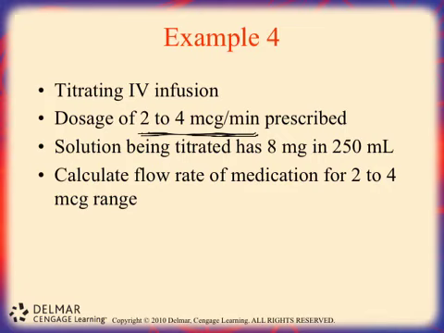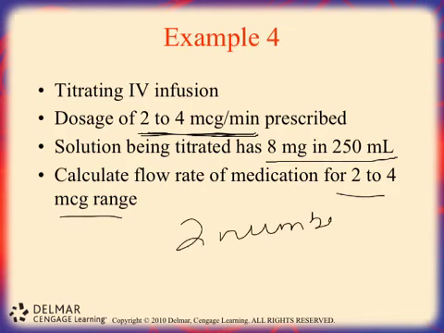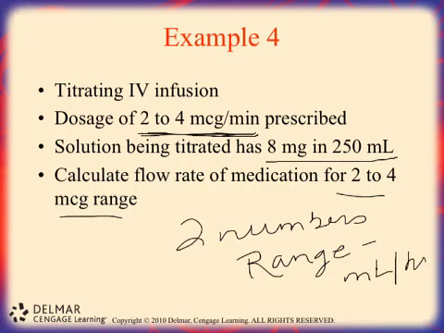So the solution being titrated, here's the dosage strength, 8 milligrams in 250 milliliters, and you're to calculate the flow rate of the medication for the 2 to 4 microgram range. So you're going to have two numbers, or you're going to have a range in milliliters per hour, because you've got an order that is a range.